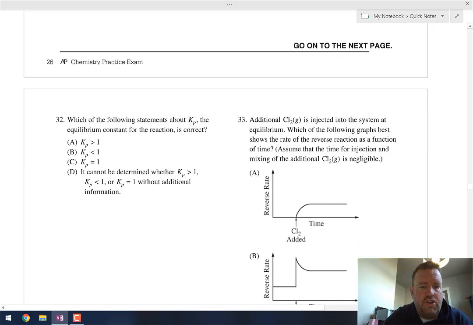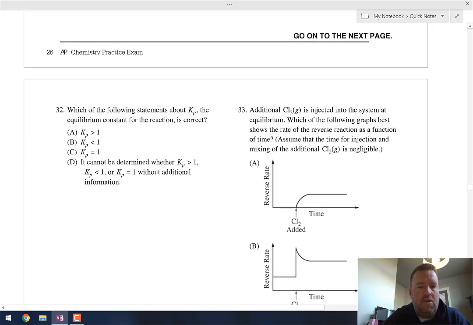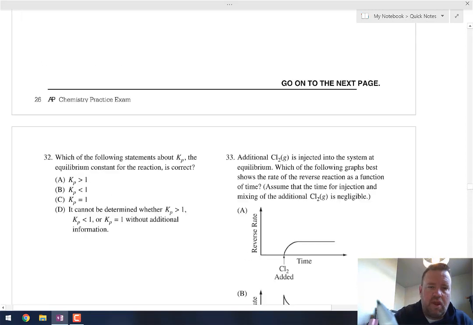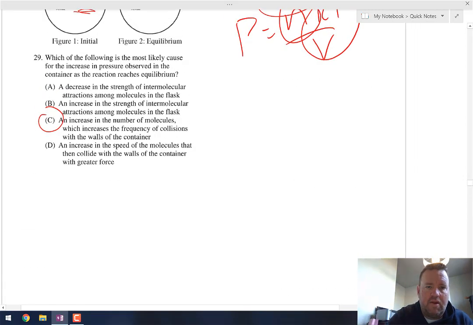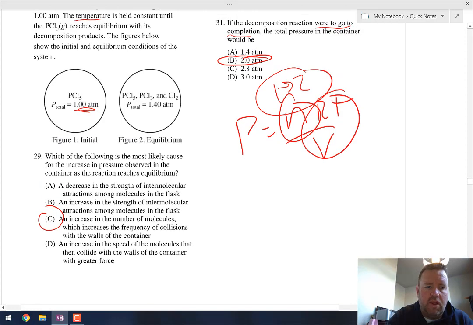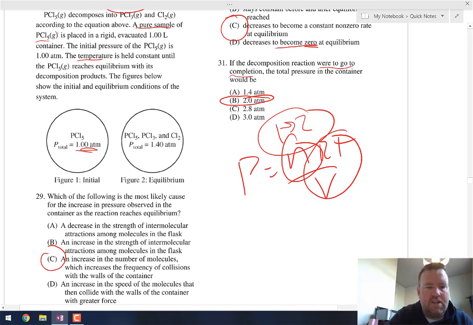Question number 32. Which of the following statements about Kp, the equilibrium constant for the reaction, is correct? Okay, so let's go back here and take a look. We know that the total pressure inside that container now is 1.4.